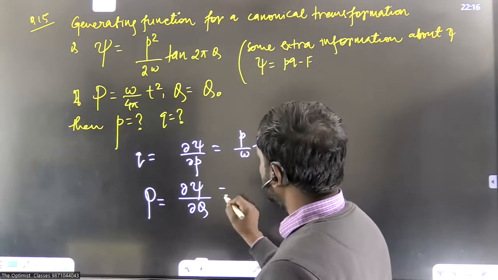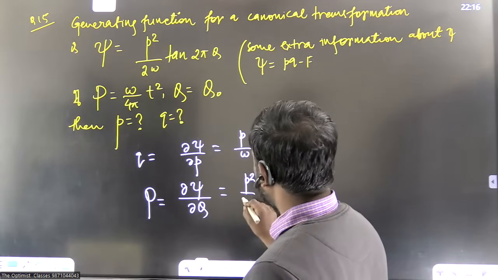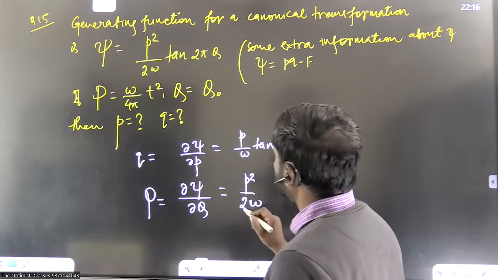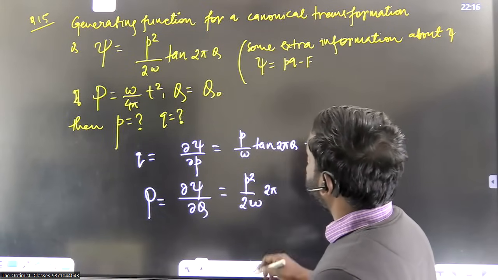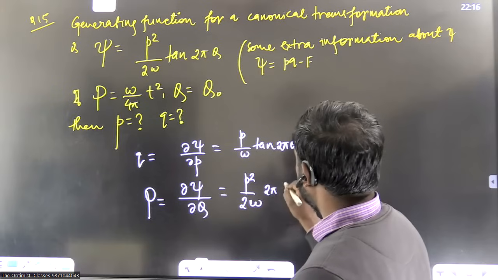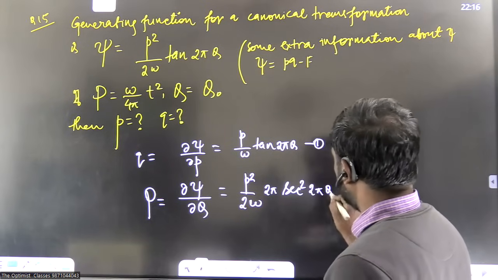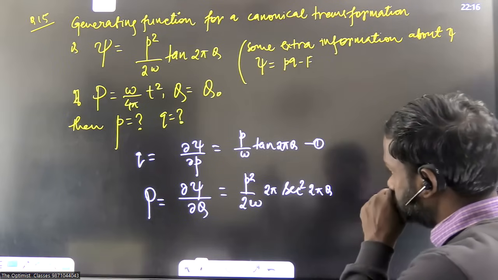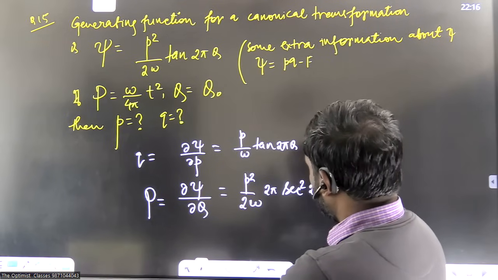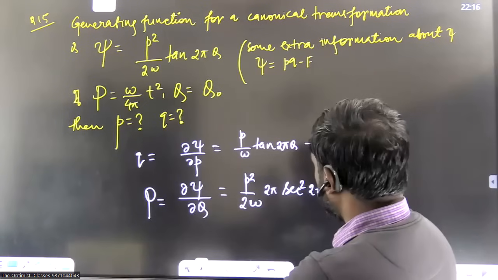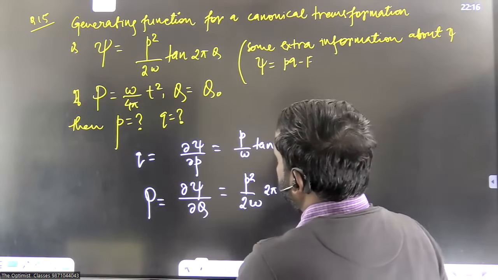And when you do differentiation here, you get p square by 2 omega, and there will be a factor of 2 pi, and also we get here sec square 2 pi capital Q. Now you see capital P is given, so we can put the value of capital P here.